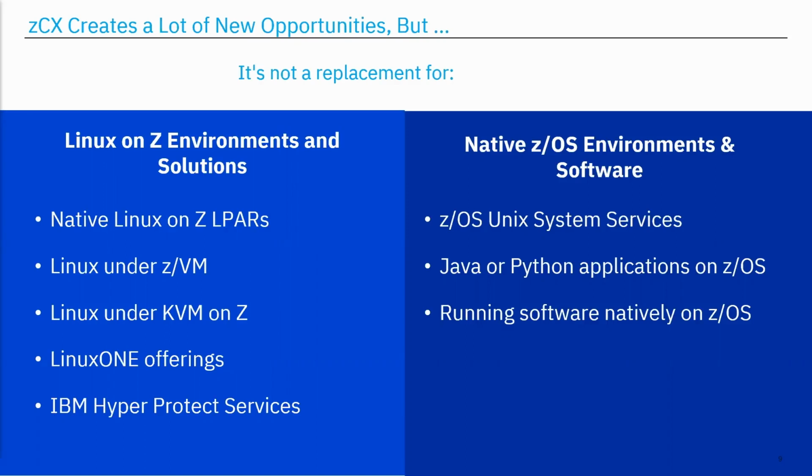So there are use cases where you already have an application that runs natively on zOS and it's already optimal. It's not necessary to move that application into zCX, because by doing so you're creating another layer for it to run in, as opposed to just running it natively on zOS. So applications running natively on Linux that have no direct interaction with zOS workloads, as well as applications that already run natively and run very well, may not be the best candidates to move into zCX.